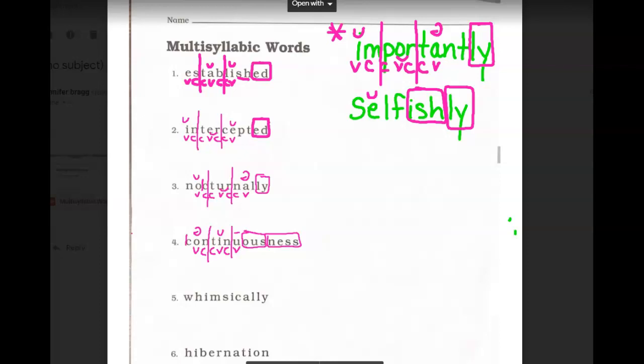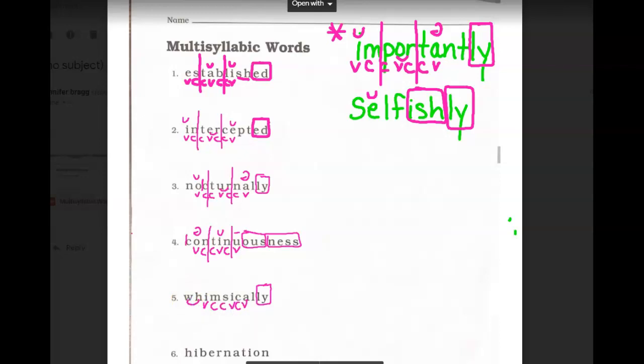Okay, next one. Whimsically, whimsically. So we have an LY. And whimsical is our root word. So let's identify our pattern first. So we have vowel, vowel, vowel. Put in our consonants. Okay. All right, our WH.